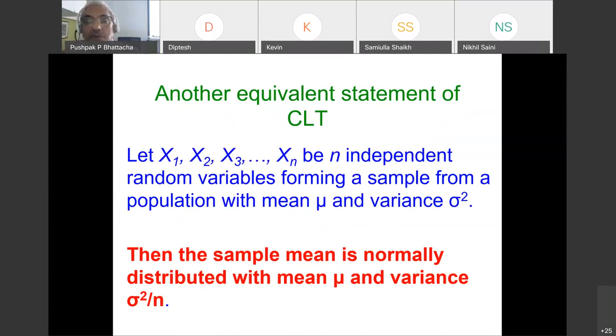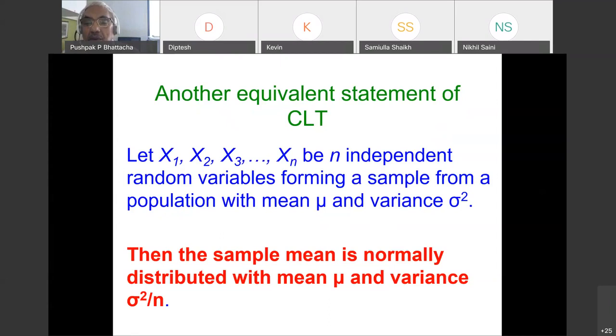Let me read again. If x1 to xn is a sample from a population with mean mu and variance sigma square, then the sample mean is also normally distributed with mean mu and variance sigma square by n, or standard deviation sigma by root n.